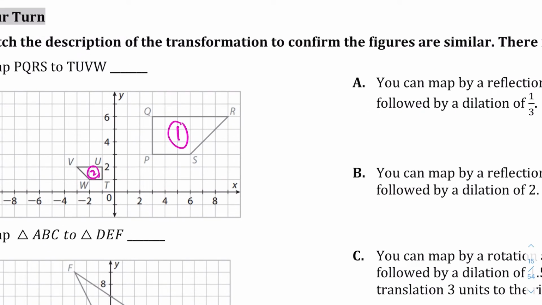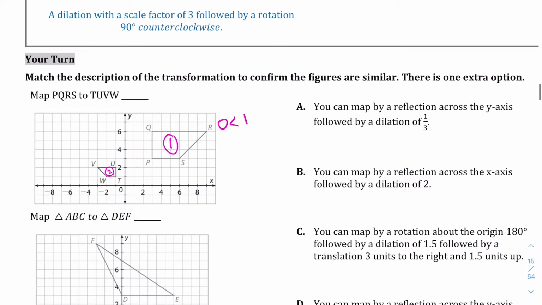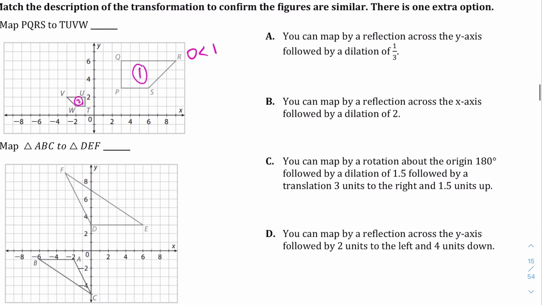So right off the bat, this tells me that the scale factor is going to be between 0 and 1, because we're getting smaller. Take a look at that. We're going from PQRS to TUVW. The shape is getting smaller. So let's see which one of these has a scale factor that is less than 1.